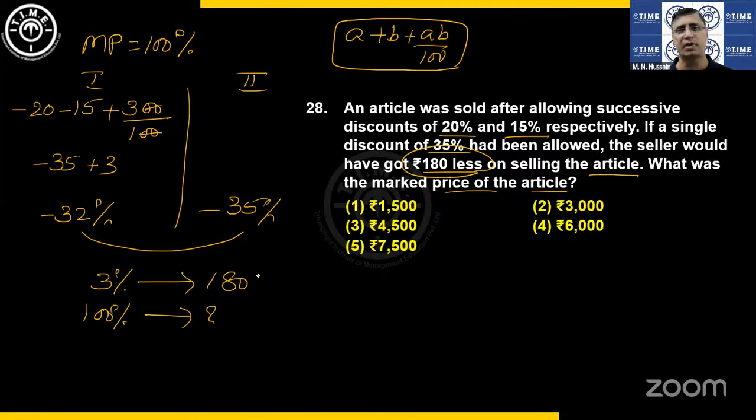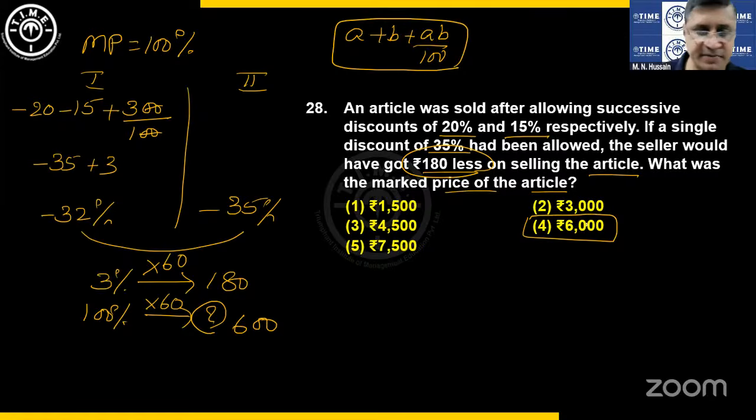How many times of 3 is equal to 18? 6 times. 180 means 60 times. So just observe the 60 times of 100, that is 6,000. What is the answer choice? 4. Option 4 is the correct answer.